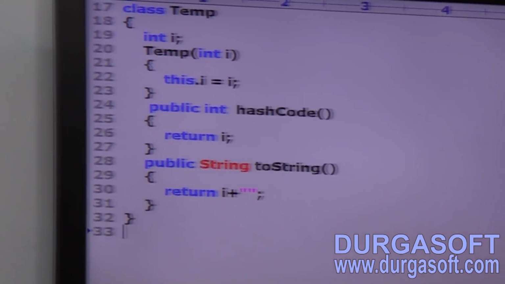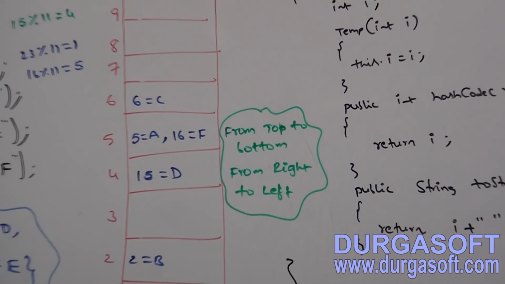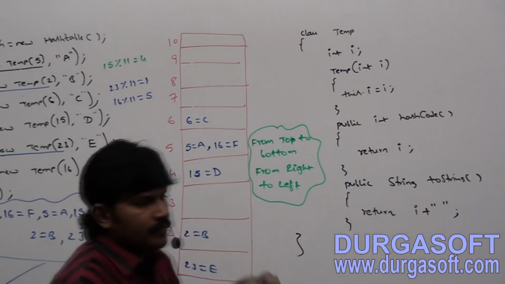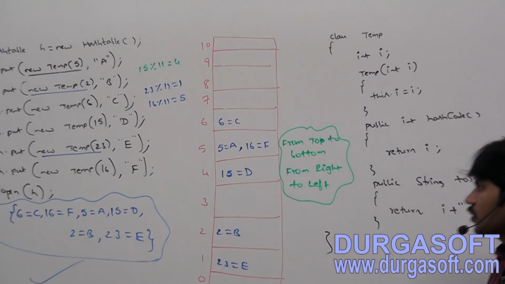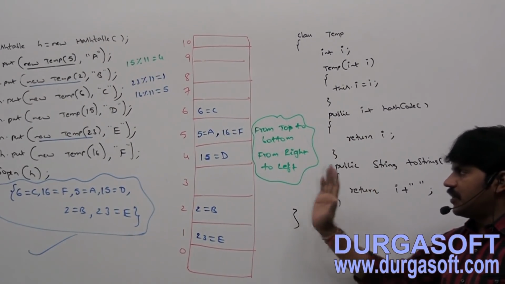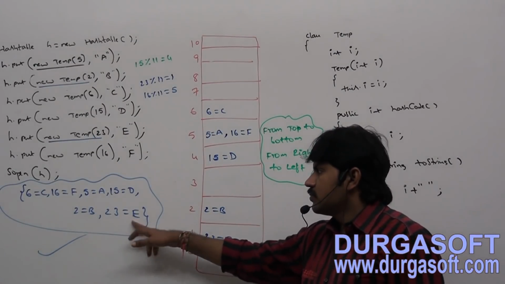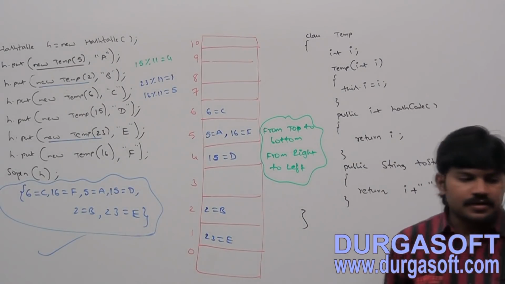Okay, so after taking, it is better to take this diagram under this formula. Take this diagram under this, from top to bottom, from right to left, and take the output also. This is the output we are going to get.